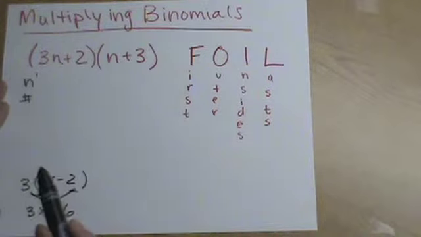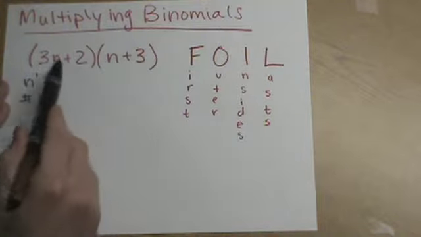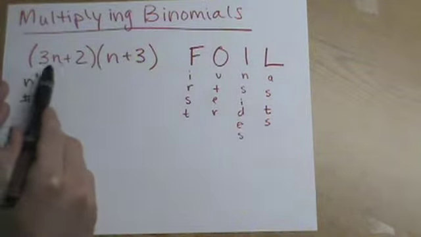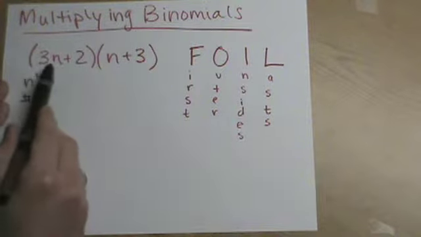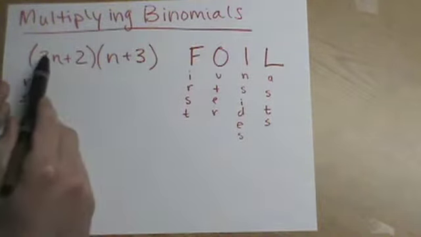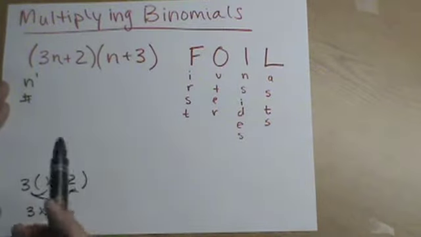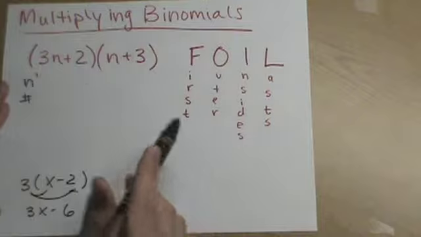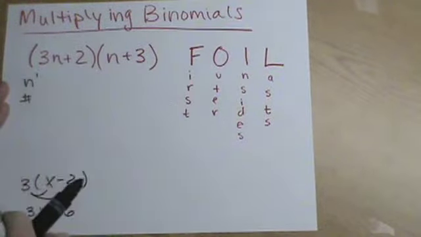When we talk about firsts, we're talking about the 3n and the n, the first terms in each of these. For the outers, we're talking about the 3n and the 3, the ones on the outsides of this whole problem. Then insides, the I, we're talking about the 2 and the n, the ones closest to the inside of the problem.